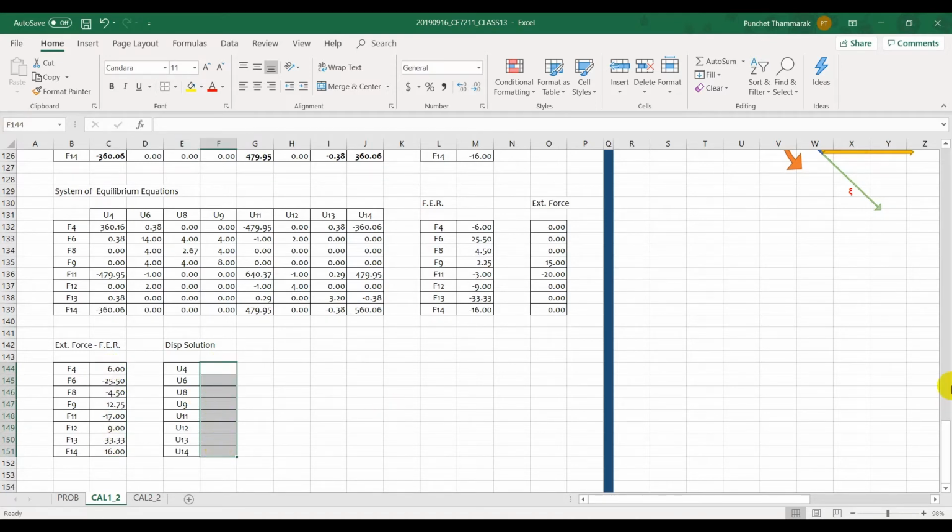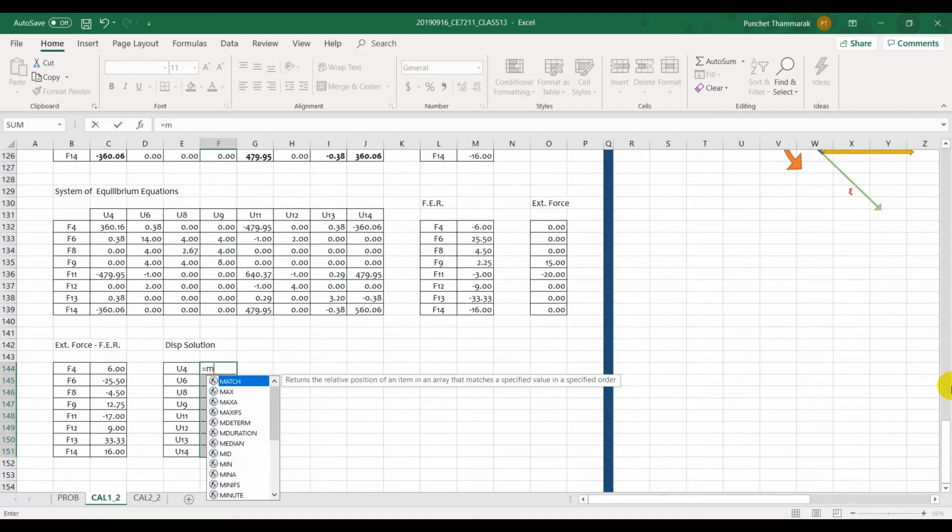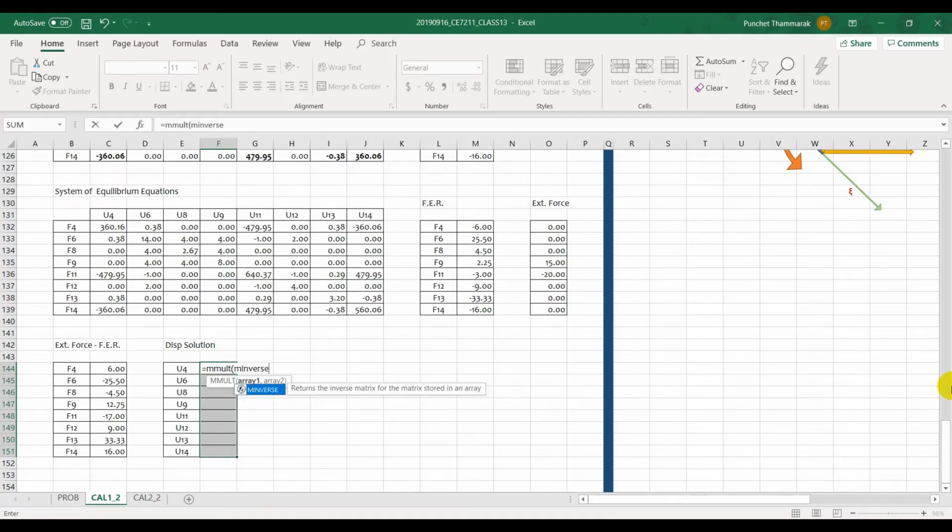So we can find the displacement solution by taking multiplication of inverse of the stiffness matrix multiplied by this.